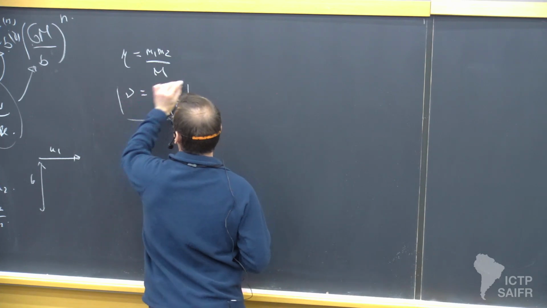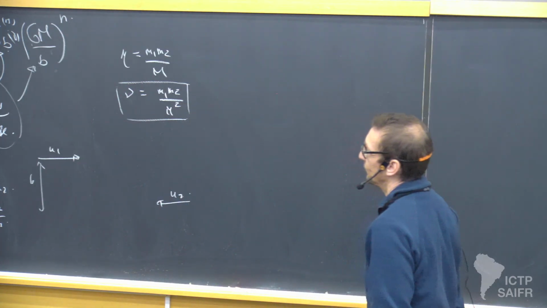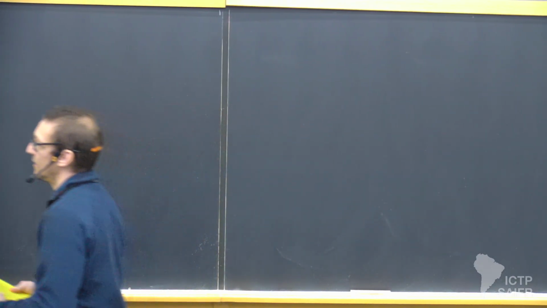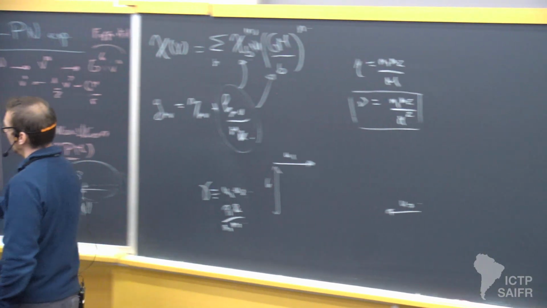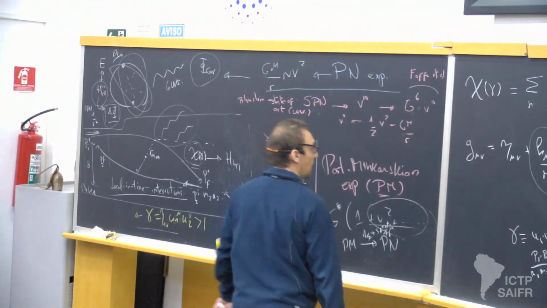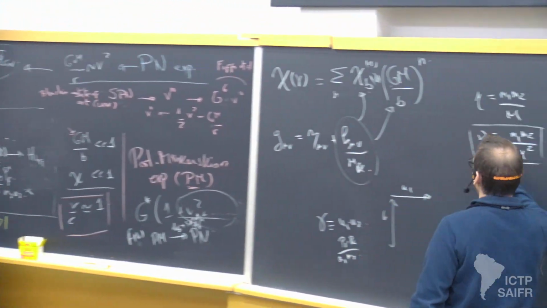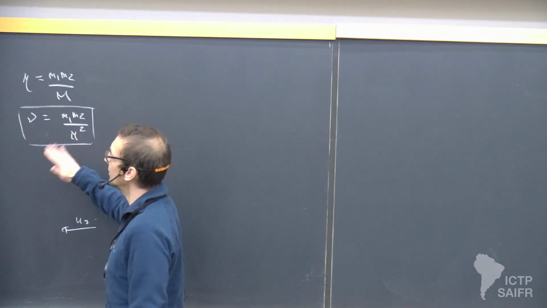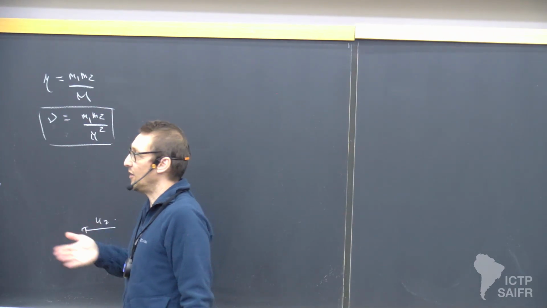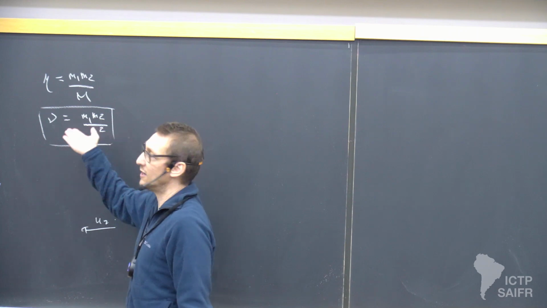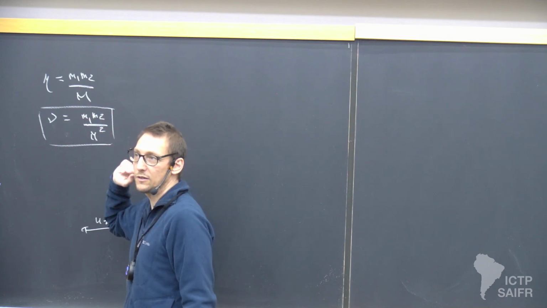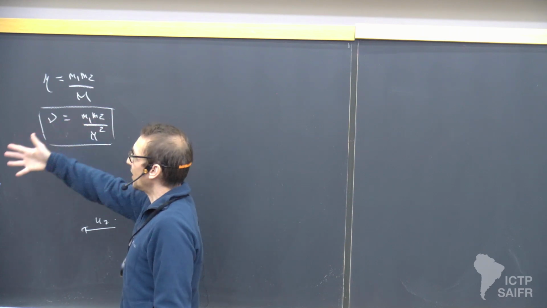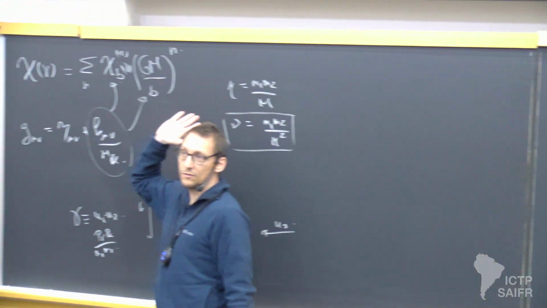So again, because this is symmetric under exchange of 1 and 2, then this nu is going to come up in the solution, and this nu knows to what extent you're departing from the test body limit. If I scatter in Schwarzschild, I'm not going to see any effect from the small body, call it 1, right? And a lot of that information in the angle is just Schwarzschild, right?